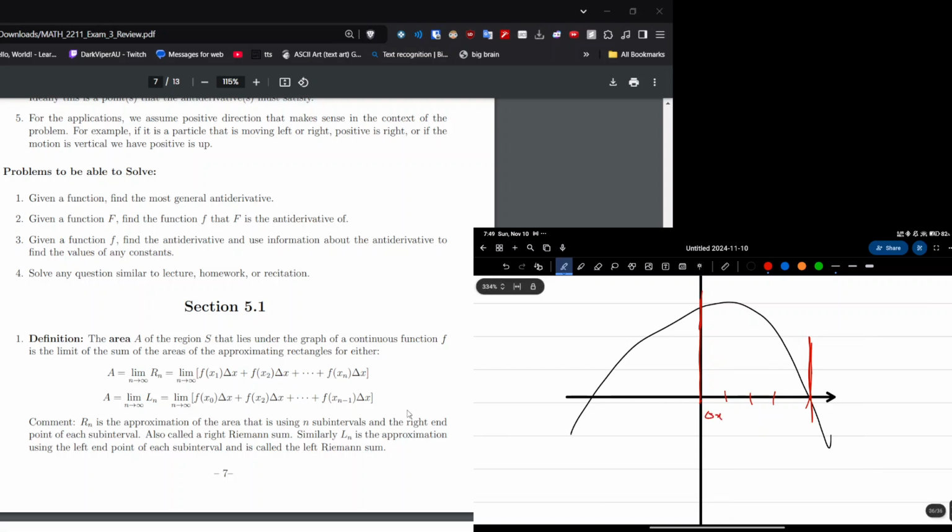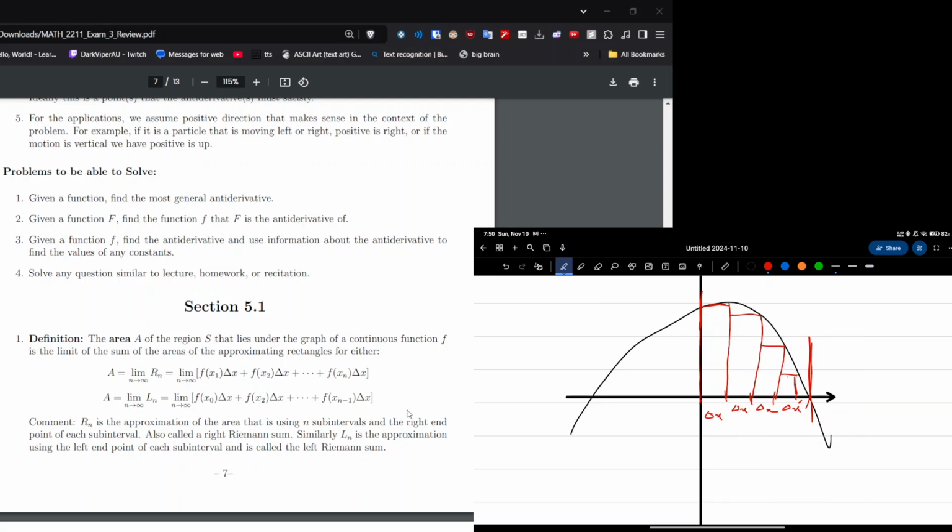I'll name them delta x. Okay, and I'll draw straight lines from here. Becomes something like this, and something like that. Okay, and maybe one more over here, delta x.